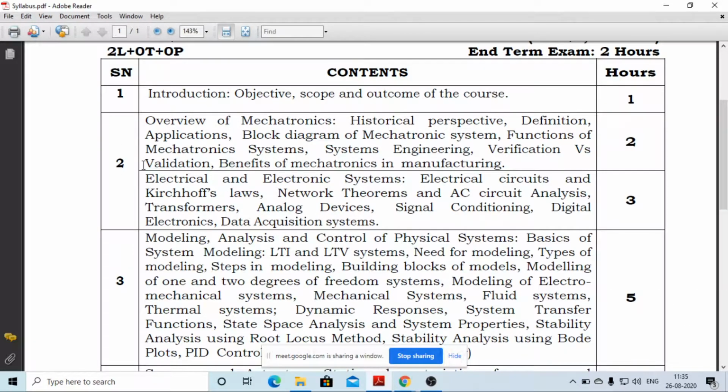There are two parts in unit 2. We have already covered the first, the upper part. In the lower part, we are talking about the electrical and electronic systems.